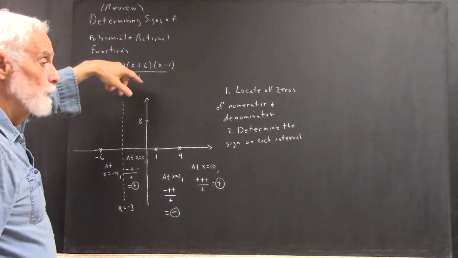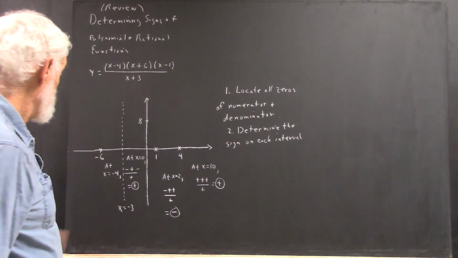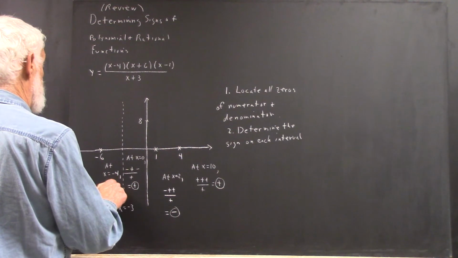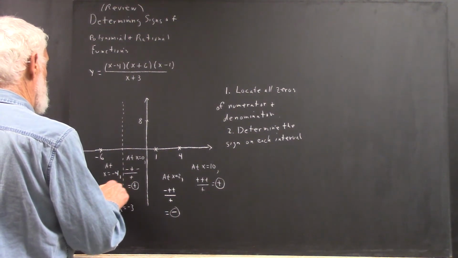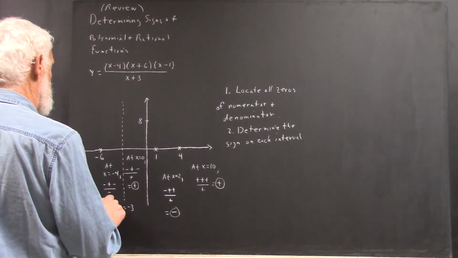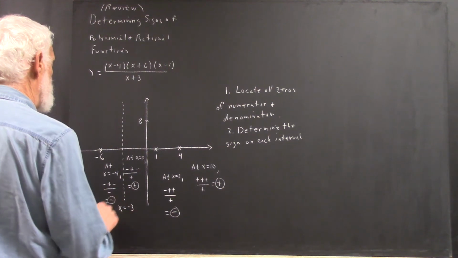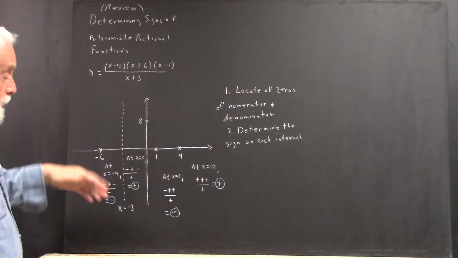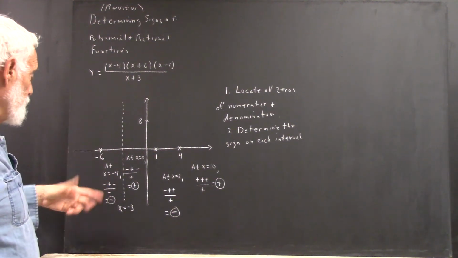And -4 plus 3 is negative. So we get negative, positive, negative over negative. And that being a product of 3 negatives and a positive is going to be negative.